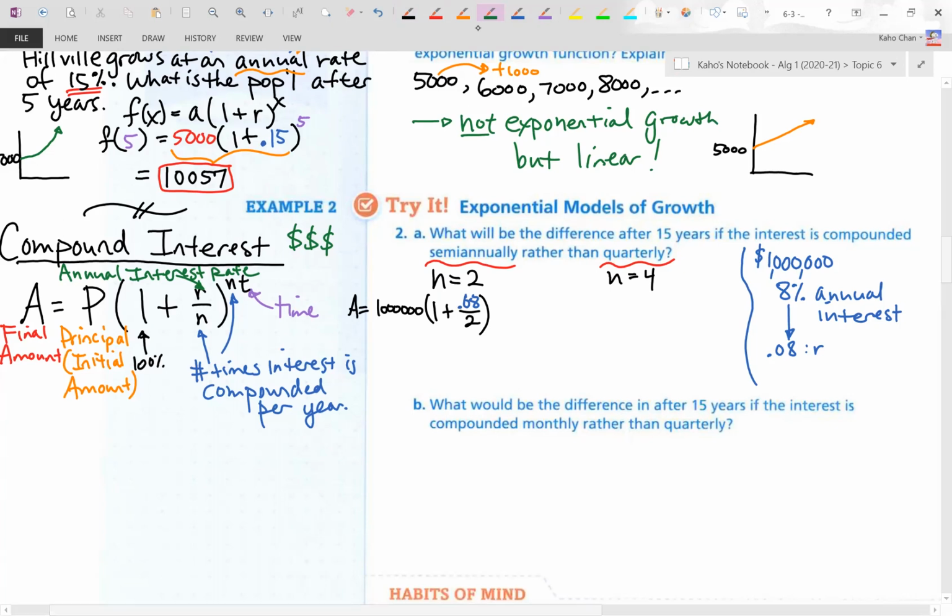2 is the, let me use a red color here so you can see that. And in this case, time is 15 years. And I'm going to punch this into the calculator in a moment, and we're going to do it also with quarterly.